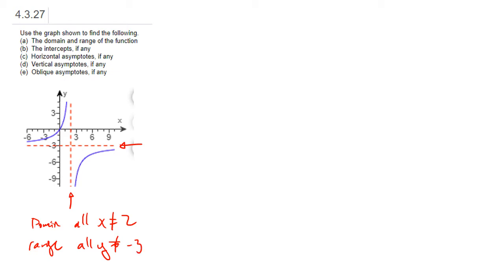Now we are asked to find any intercepts. If we plug in x equals 0, we would get out the y-intercept. Plugging in x equals 0 is this line right here, which intercepts the graph right there, and that appears to be y equals 0. The x-intercept would be to set y equal to 0.